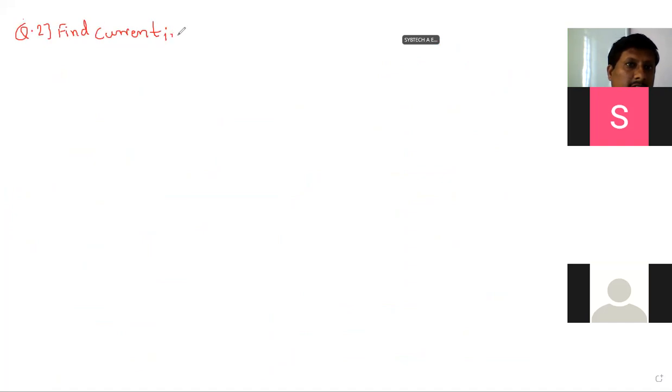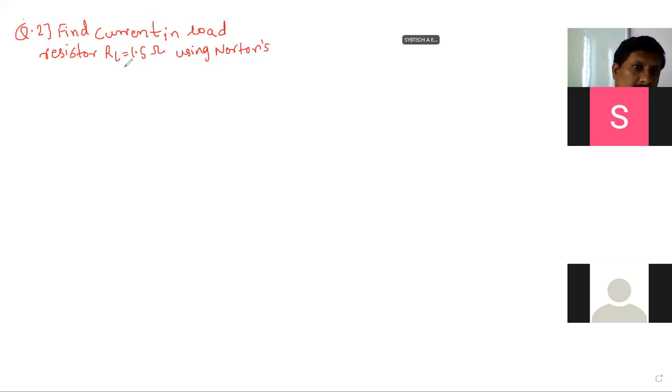Find the current in load resistor RL equal to 1.5 ohm using Norton's theorem. We have to find the current passing through the load resistor RL equal to 1.5 ohm.